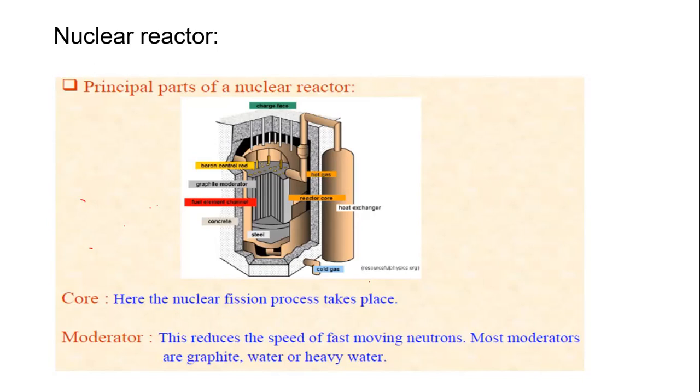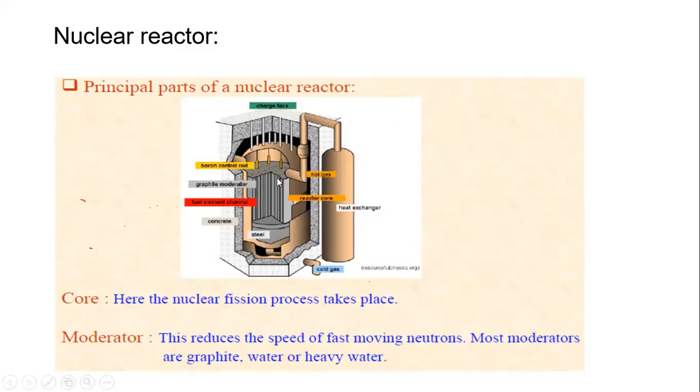That mechanical energy is given to the alternator, which generates electrical energy. That is the total working of the nuclear power plant. All the heat energy is produced in the nuclear reactor only, which is why the nuclear reactor is the heart of a nuclear power plant.